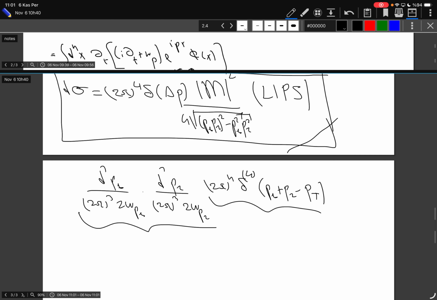This is the Lorentz invariant phase space factor for a final state containing two particles. Well, I can just choose any reference frame I like to evaluate this integral. Let's just choose the center of mass frame.